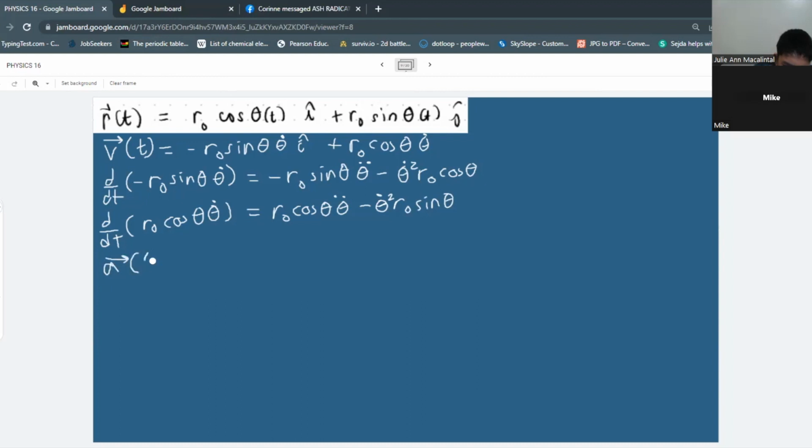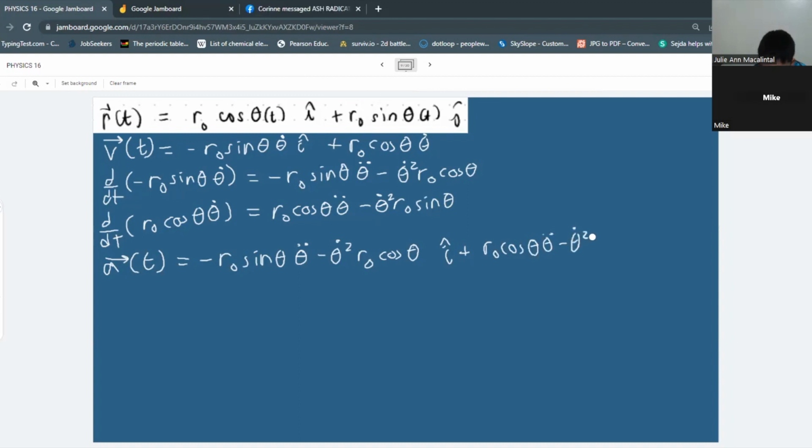So, a... And then, combine everything with theta double dot, and factor out as much as you can. Wait, where are the unit vectors?